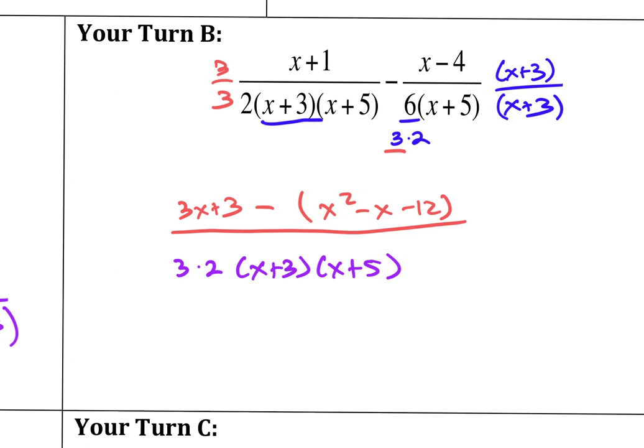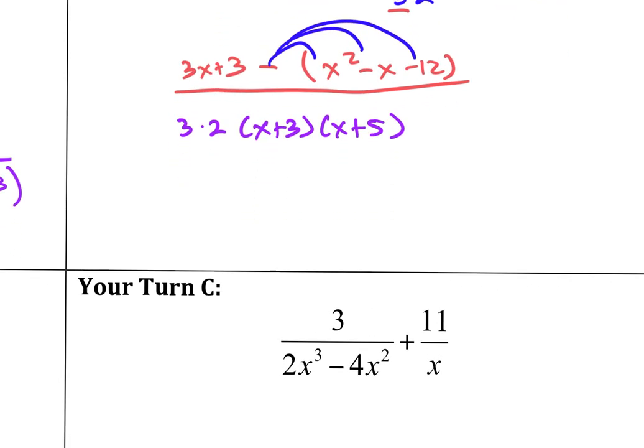All right, we're going to go ahead and combine our terms in the numerator, but I have to remember to distribute because we are subtracting. So we're going to be subtracting everything from that, which means that we have a 3x plus 3 minus x squared plus x plus 12.